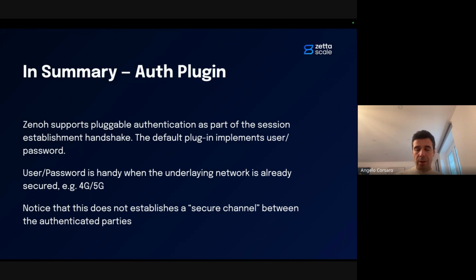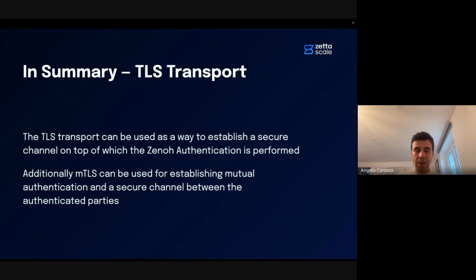Okay. Now, if you need a secure channel, then you could use TLS to establish a secure channel and then do Zenoh authentication on top. Imagine the situation in which I'm not using mutual TLS authentication.